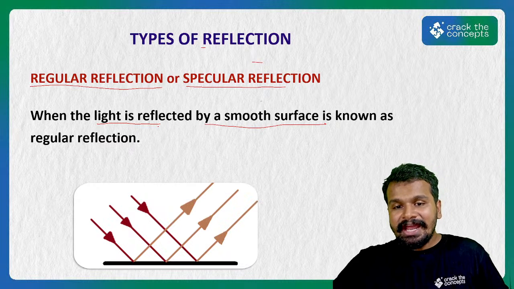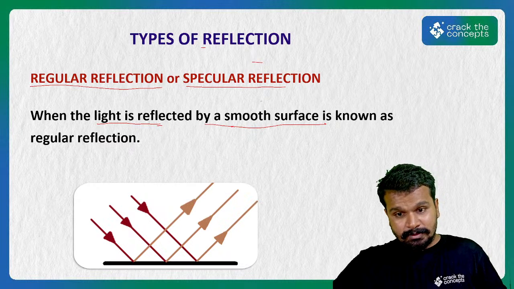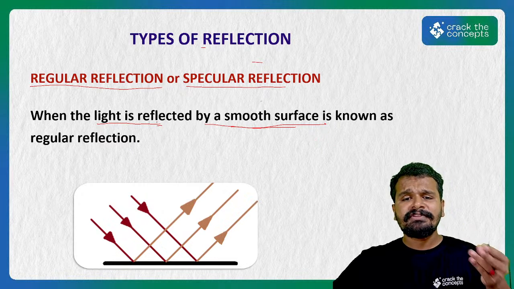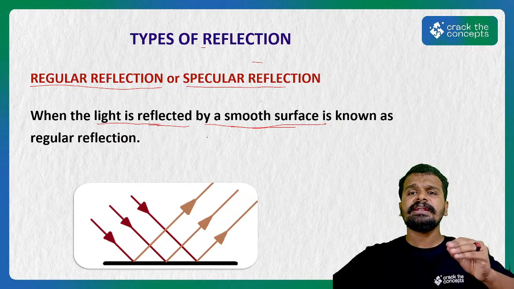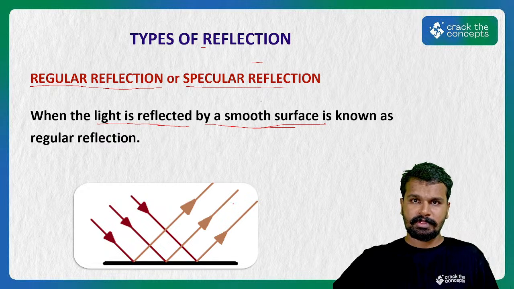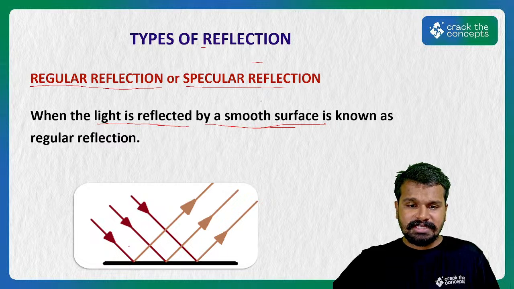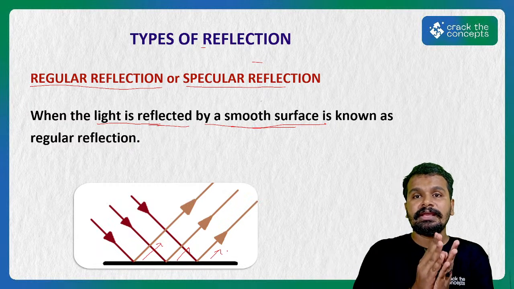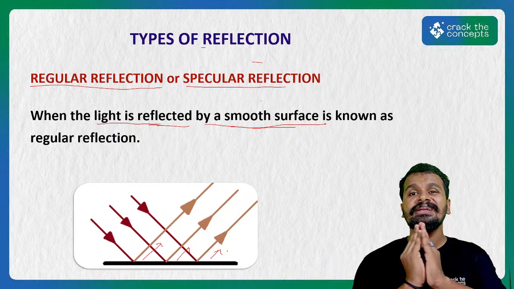When light gets incident on a smooth polished surface, it gets reflected back in an even manner. You can see the light rays are getting incident here and they are reflecting back in an even manner. They are not going in different directions. They are going in the same direction.